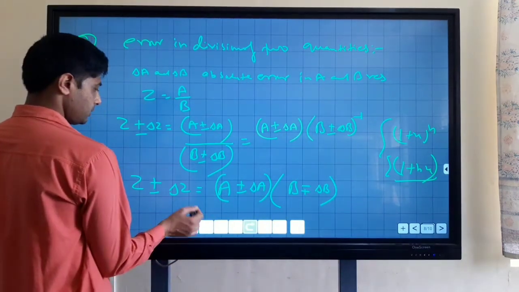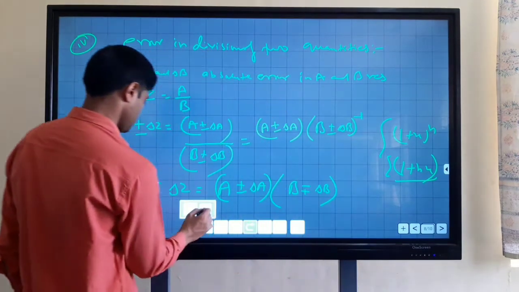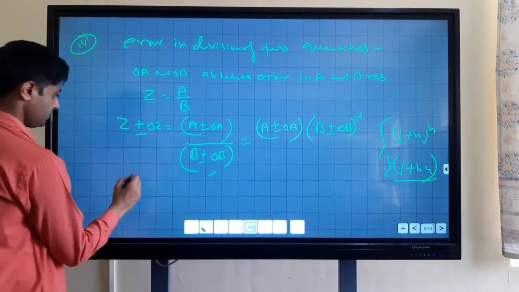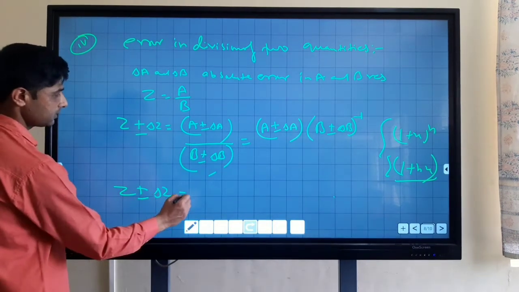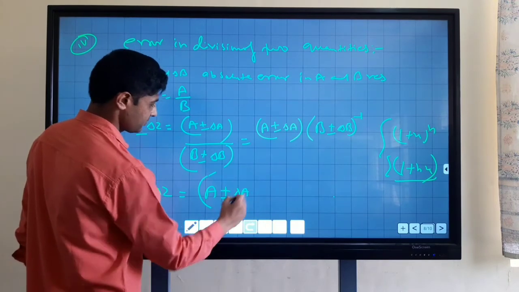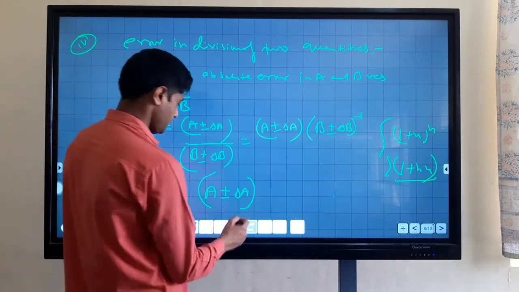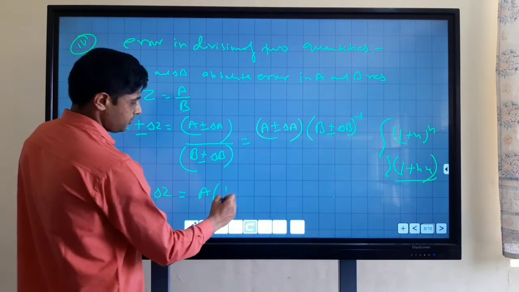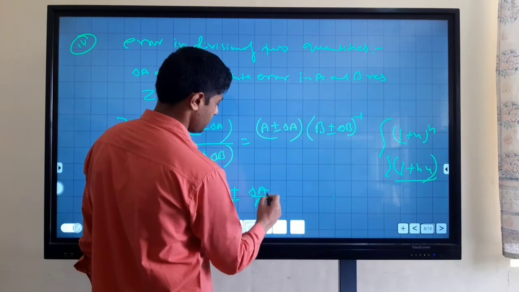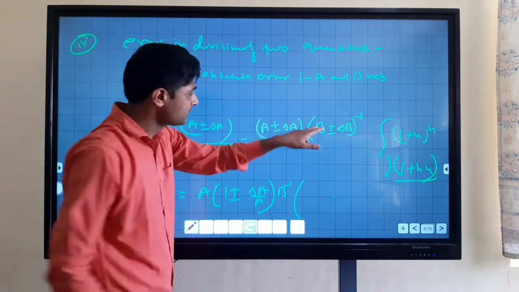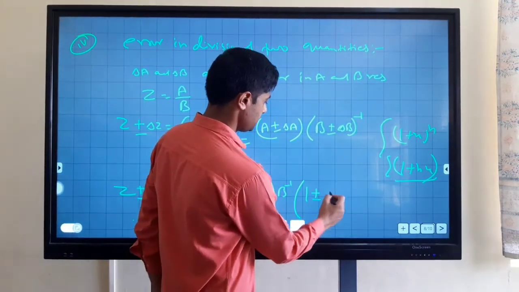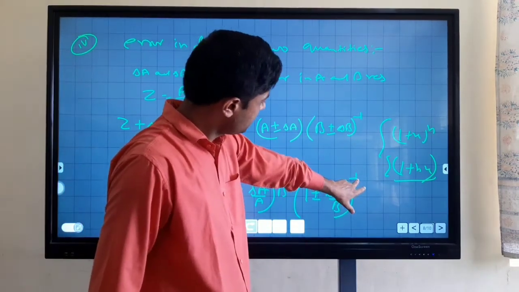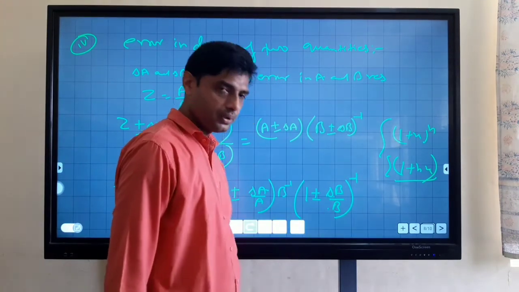First we have to take B common. Z plus minus del Z equals A plus minus del A, A 1 plus minus del A upon A, and B common, B to the power minus 1, because the number comes in power of B, so 1 plus minus del B upon B. Now we have to take minus 1 in the power of del B upon B by using the binomial theorem.